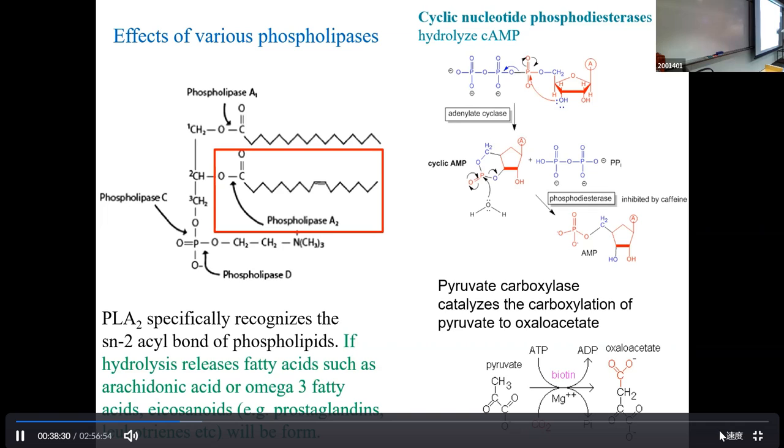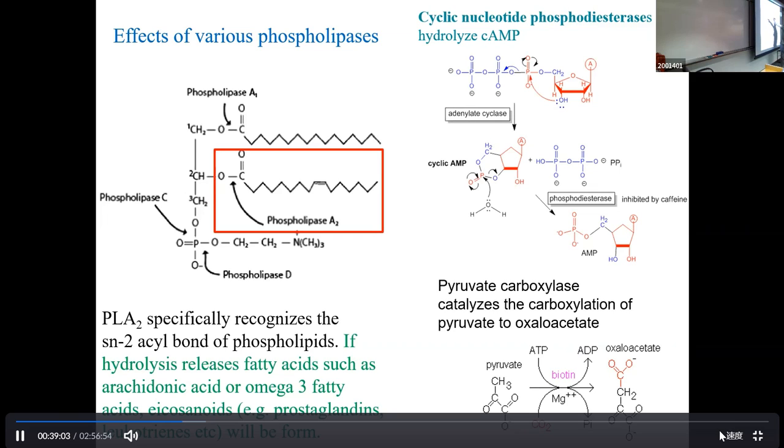Yes? No? No. Okay, let me just repeat it. You know triglyceride. You know phospholipids. Phospholipids are embedded in your cell membrane. The phospholipid has a glycerol backbone, 3 carbon: carbon 1, carbon 2, carbon 3.